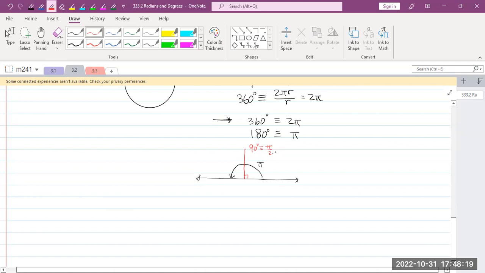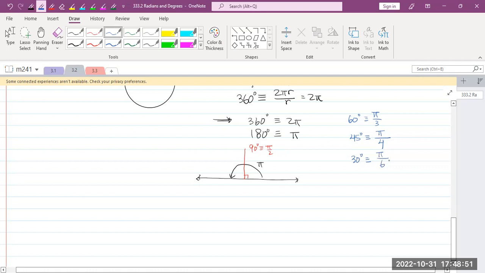And 60 degrees is 180 divided by 3, that's pi over 3. 45 degrees is 90 degrees divided by 2, so that's 180 degrees divided by 4, which is pi over 4. 30 degrees is 180 degrees divided by 6, pi over 6.